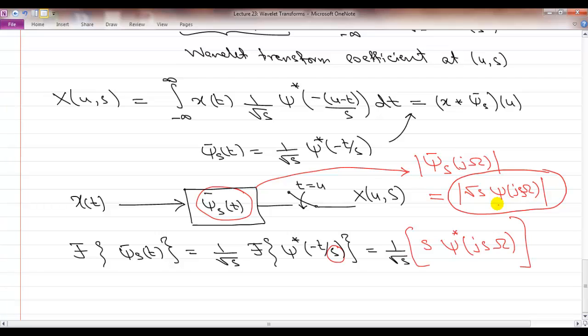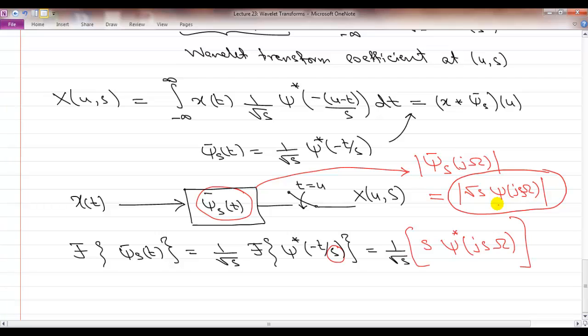It's just throwing away all the frequencies except frequencies in that region. So coefficients related to a certain scale are telling you information about frequencies that are centered around omega naught over s, and that is true for all of the other scale coefficients.